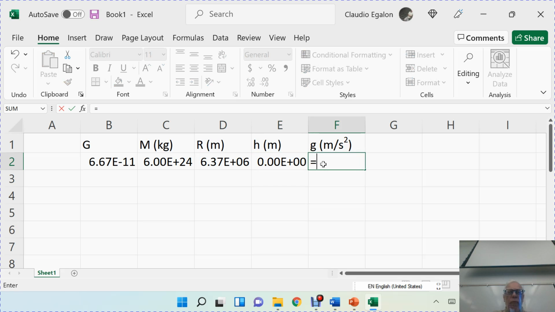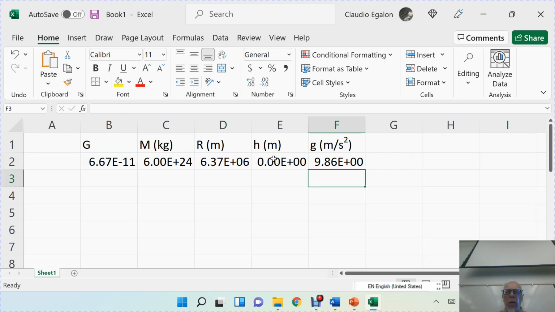The equation for the acceleration of gravity is going to be big G times big M divided by R plus H squared, like that. See the value of the acceleration of gravity here? 9.86 at the surface of the Earth.